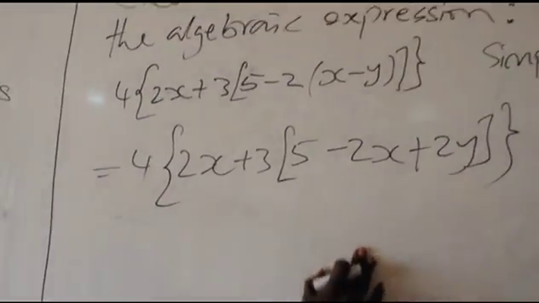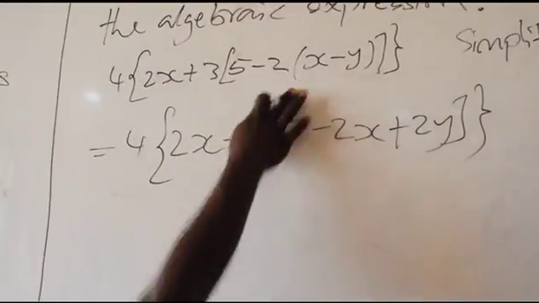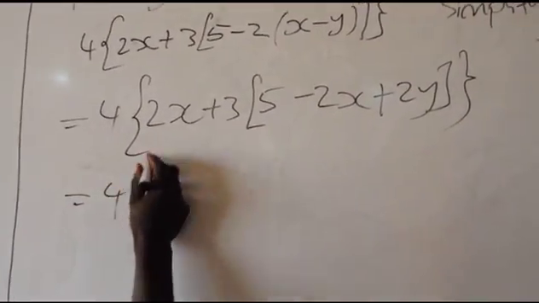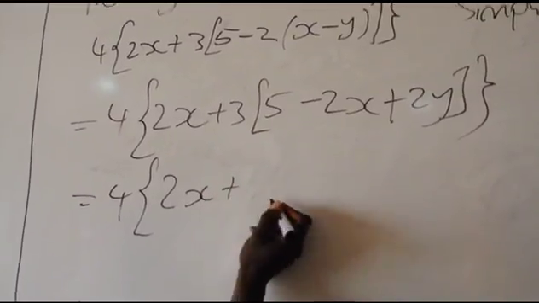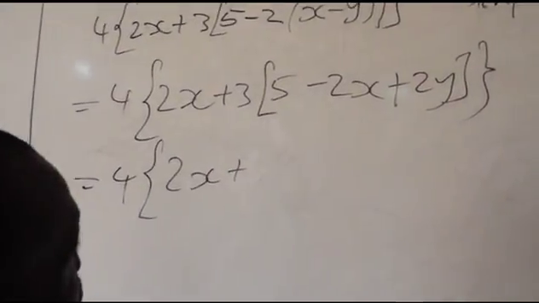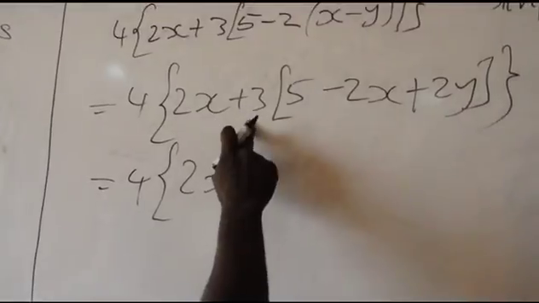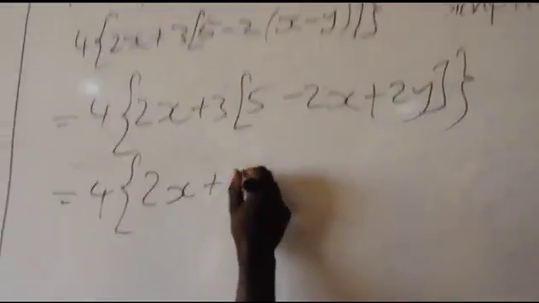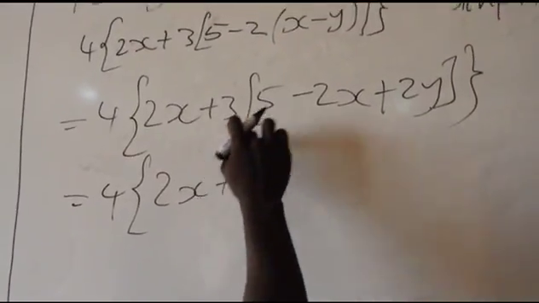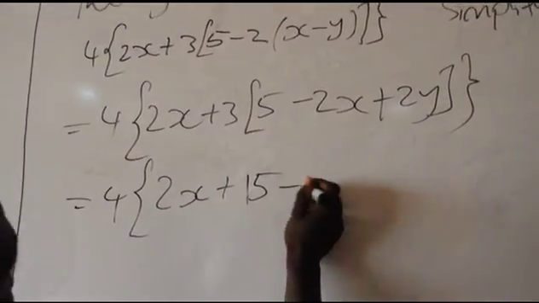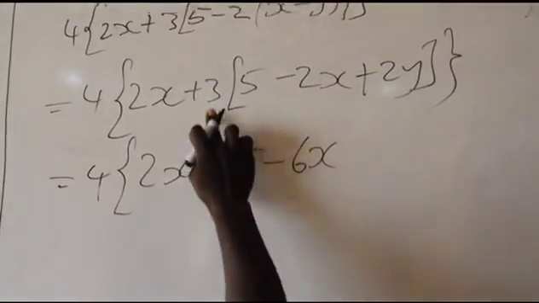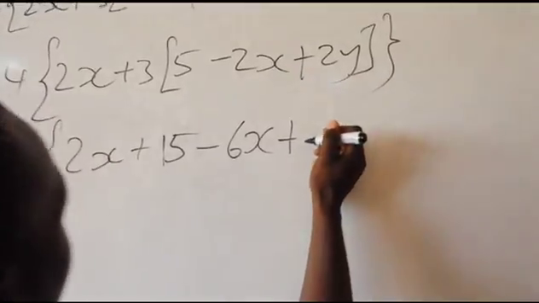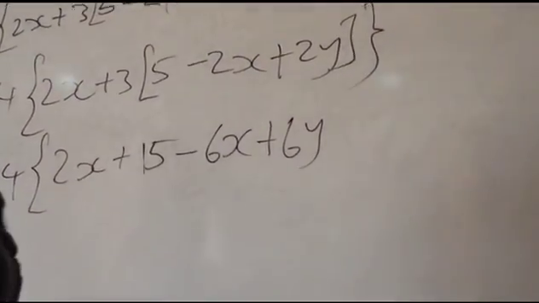So if you look at it now, you see that this innermost bracket is gone. So let's take this bracket now. This 3 multiplies everything in this bracket. So 3 times 5, 15. 3 times minus 2x, minus 6x. 3 times 2y gives us plus 6y.